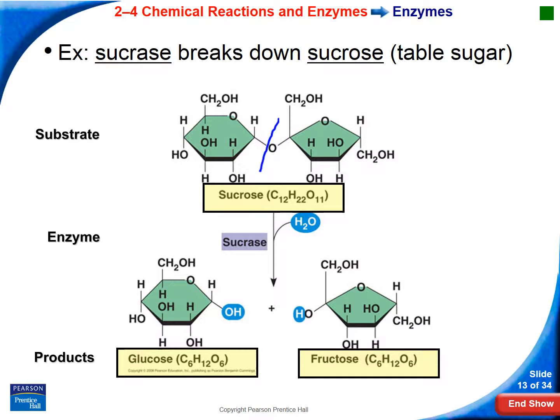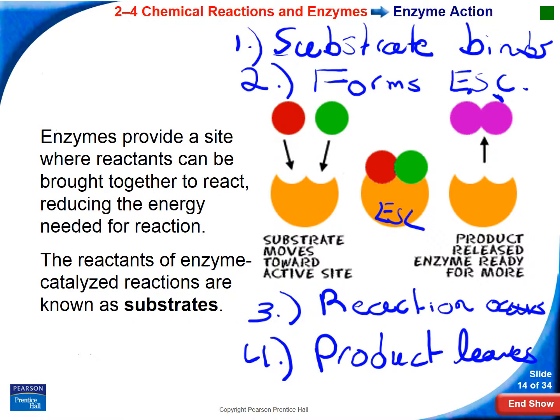When it broke that bond, now you have glucose on one side and a fructose on the other side. That process is done through something called hydrolysis, which means you break apart water to get to break some bond. Hydro means water, lysis means to break. For example, sucrase breaks down sucrose into table sugar.